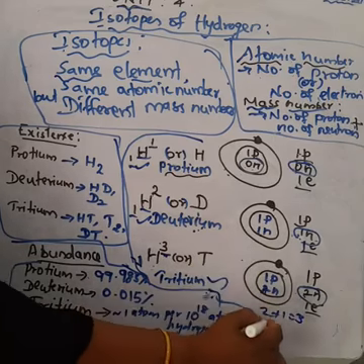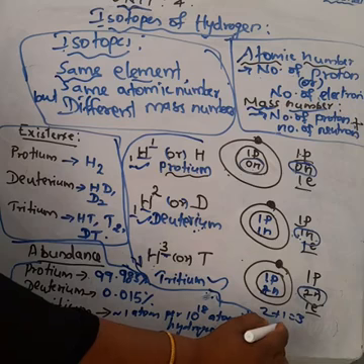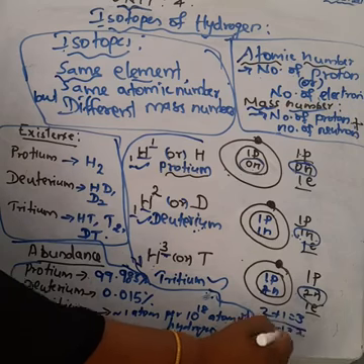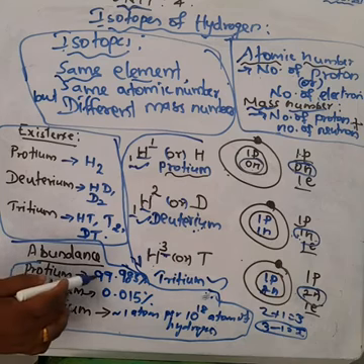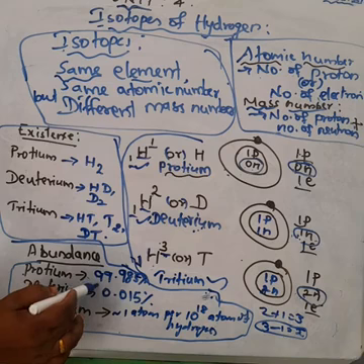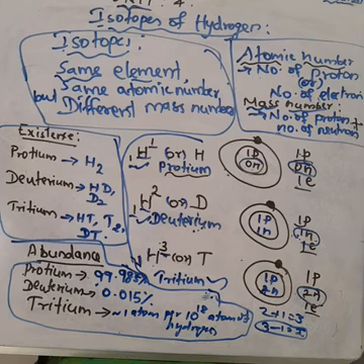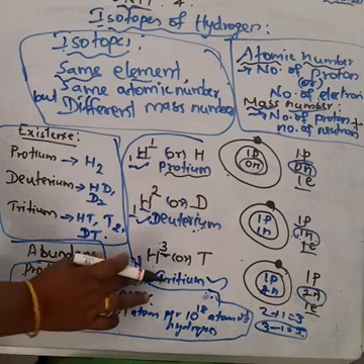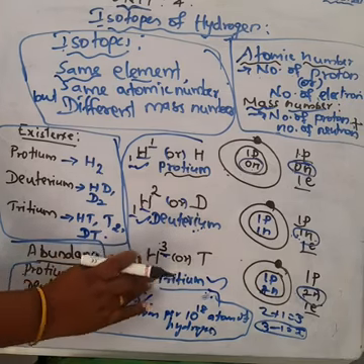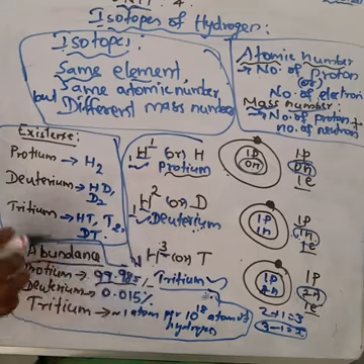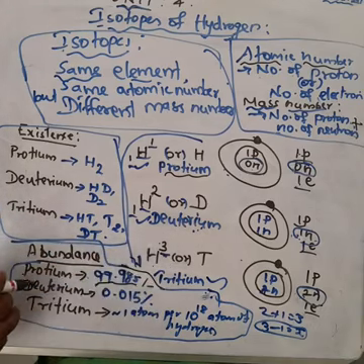Okay, and what is the abundance of the isotopes of hydrogen? First one, protium. What is the abundance? Protium has the highest percentage of abundance, 99.985% of the hydrogen in the Earth's atmosphere.